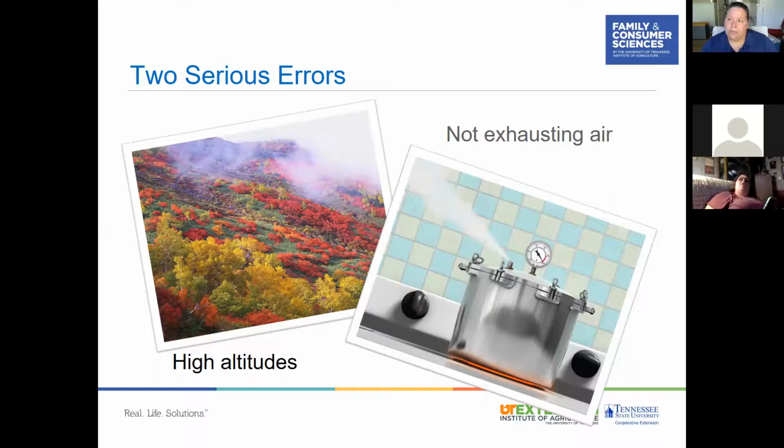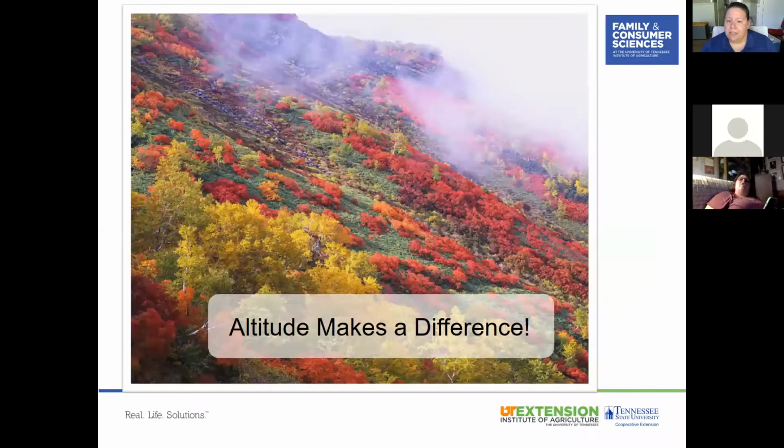Because there is a wide difference of altitudes in this area, or even if you're joining us from a different state, your altitude is going to be different from East Tennessee. So pressure must be increased in a canner when you're at an altitude of over 1,000 feet. So that's important to remember.